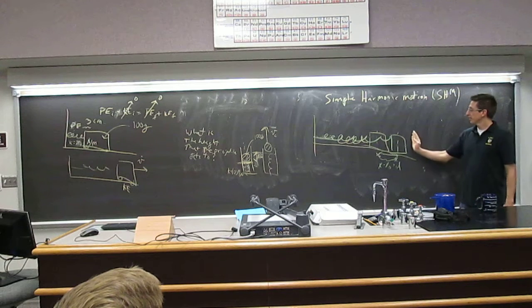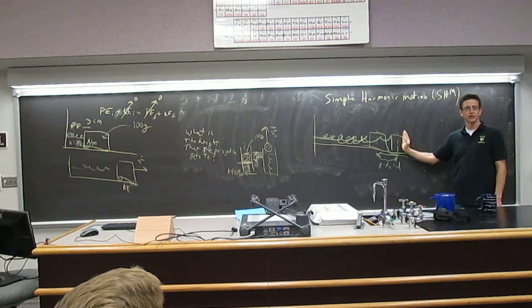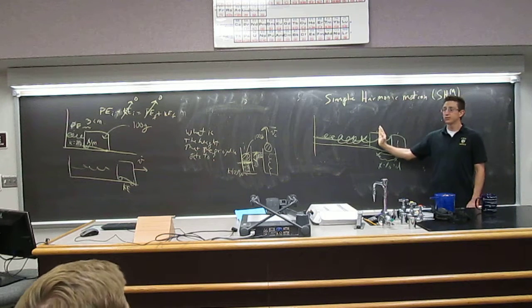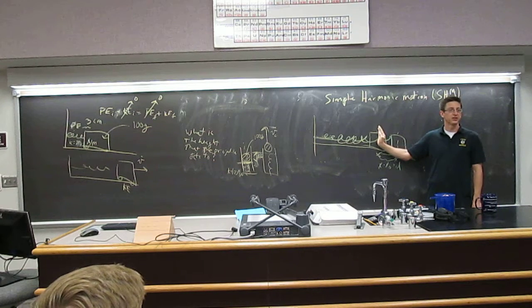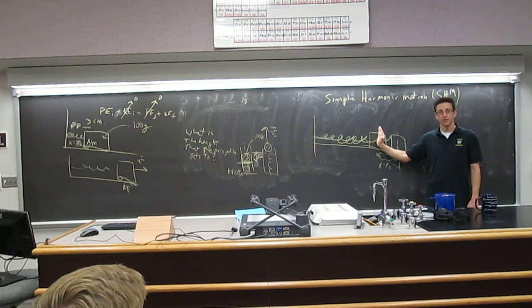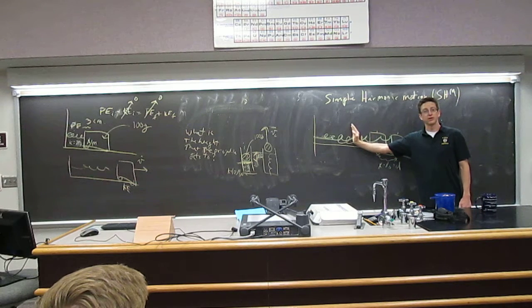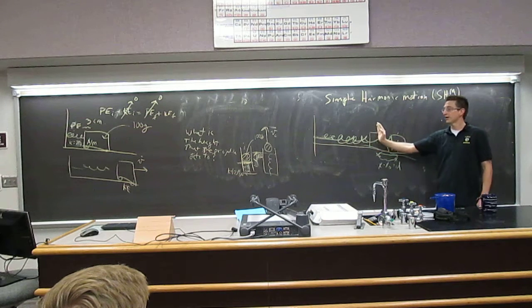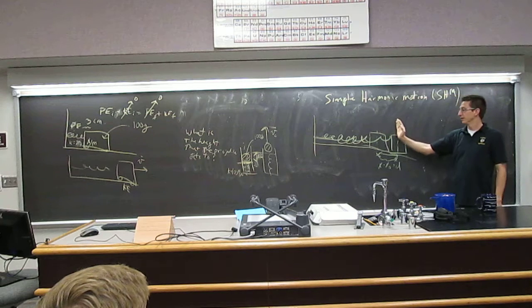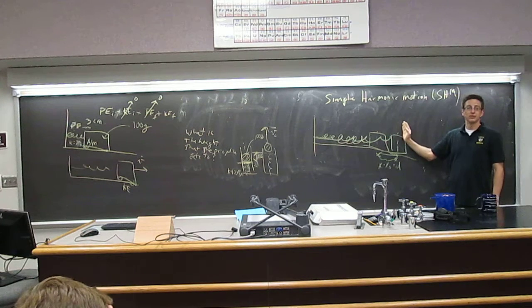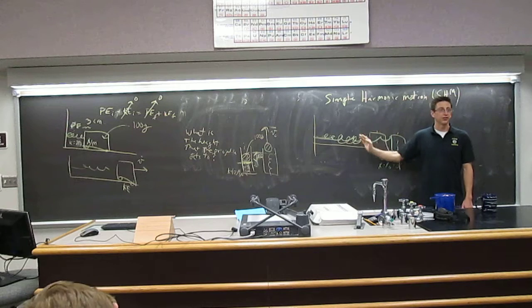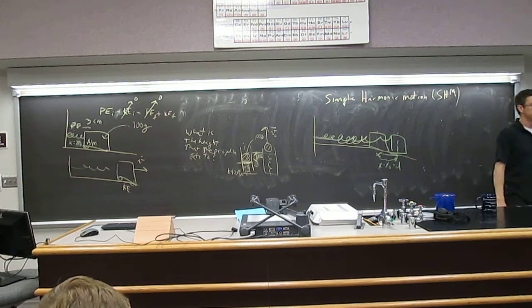As it's going back and forth, it has potential energy here. When it's going through its equilibrium position, it has no potential energy, but it has kinetic energy. Over here, it gains potential energy again and eventually loses all its kinetic energy. It turns around and comes back, gains kinetic energy, loses potential energy, and the potential energy and kinetic energy trade off. Make sense?